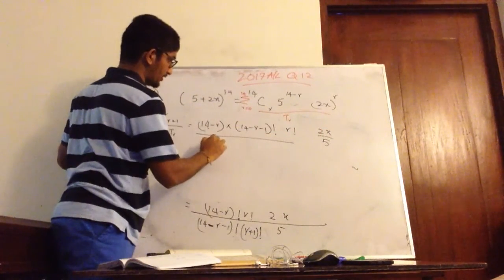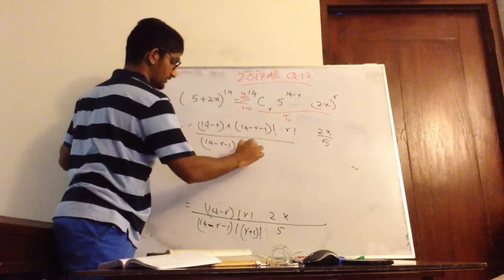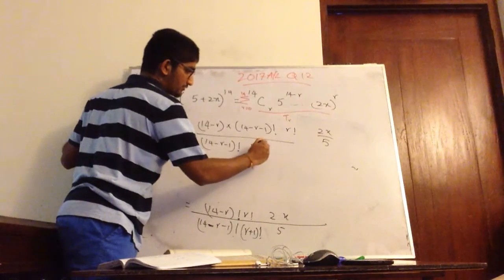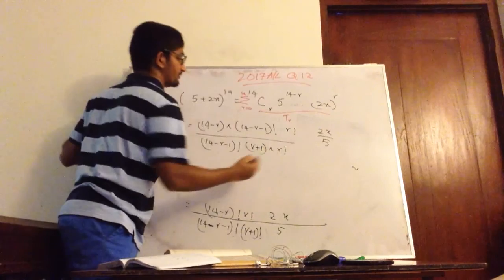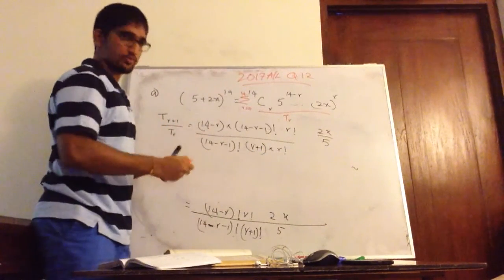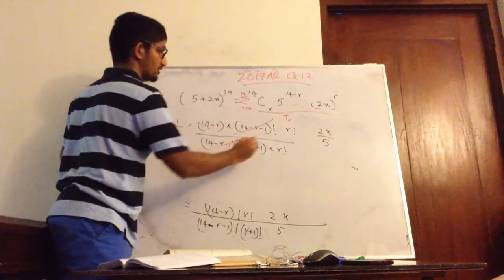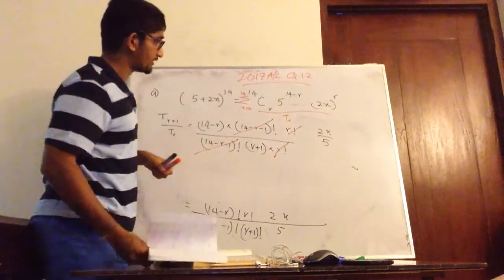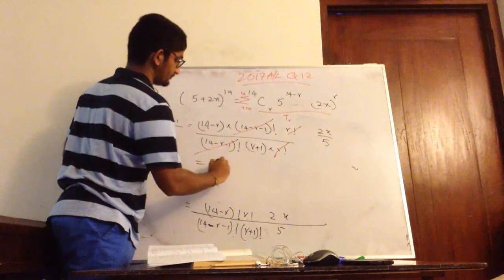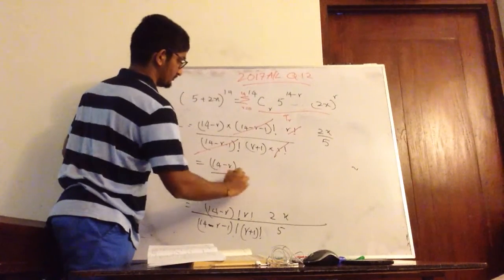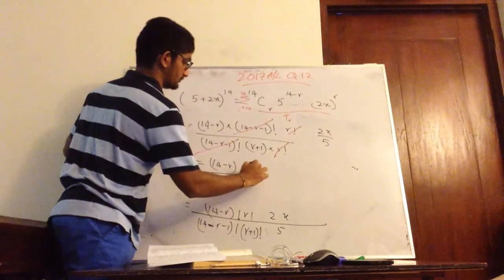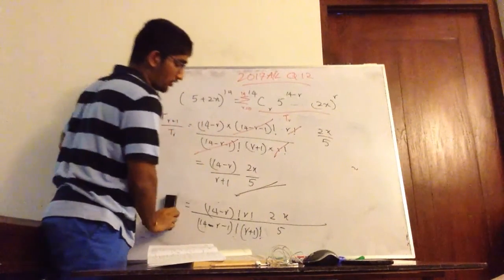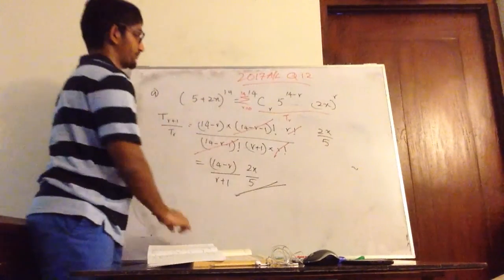Here I can write 14 minus r minus 1 factorial, and r plus 1 factorial I can write as r plus 1 times r factorial. So then I can cut furthermore, I can cut this. So then I'll get the answer that I want. Correct? Yes, that's right. So this is the answer that they asked us to show.